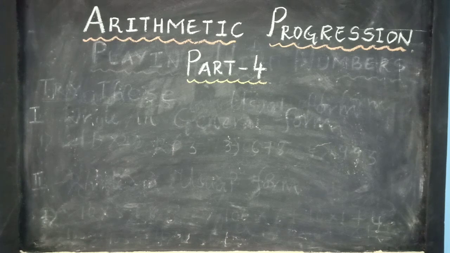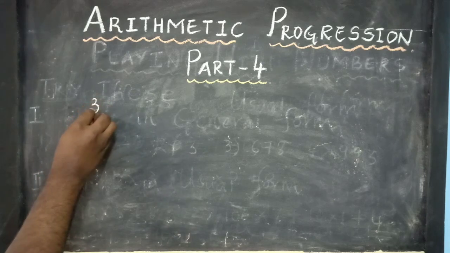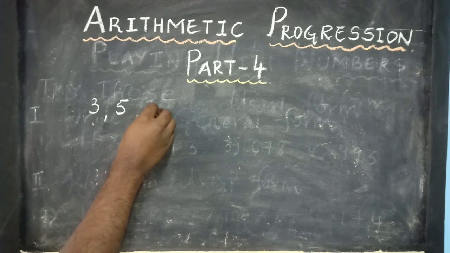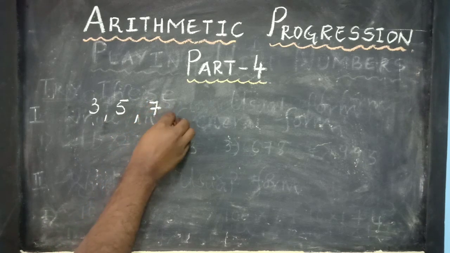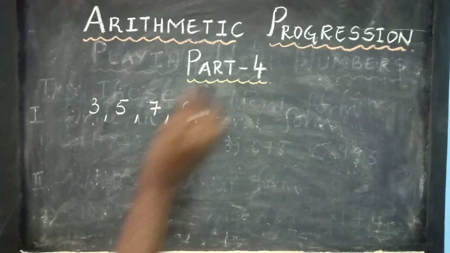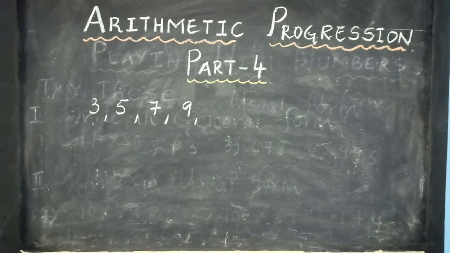We will continue with the unit arithmetic progression, and in this video we learn about the nth term of an AP. Before that, let me give an example. 3, 5, 7, 9, the list goes on.